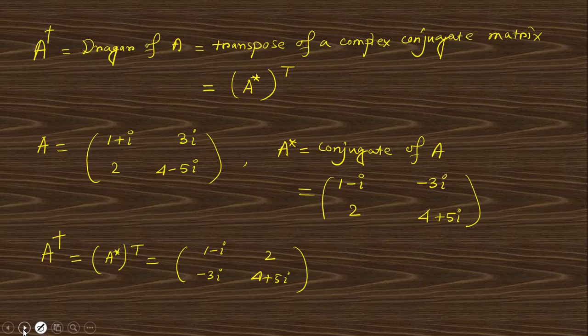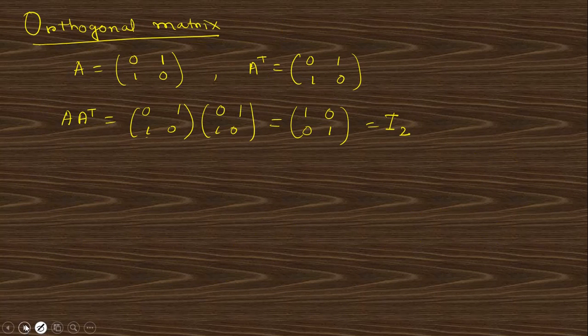If the product of the matrix with its transpose gives you the unit matrix, then this is called an orthogonal matrix. So A is an orthogonal matrix. Clear?